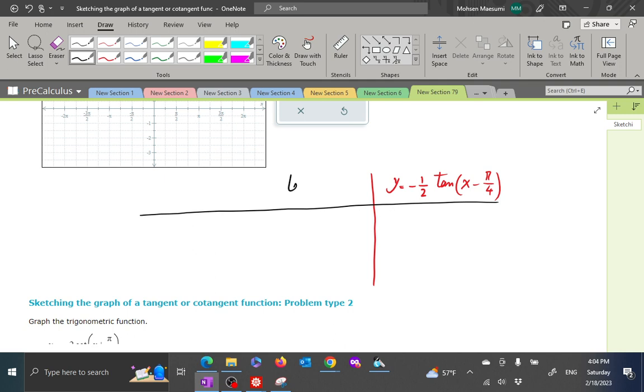We go through tangent of the input angle, and for that we need the angle itself, x minus pi over 4, and then we would need the x. So we set the convenient angles for us to look at for tangent.